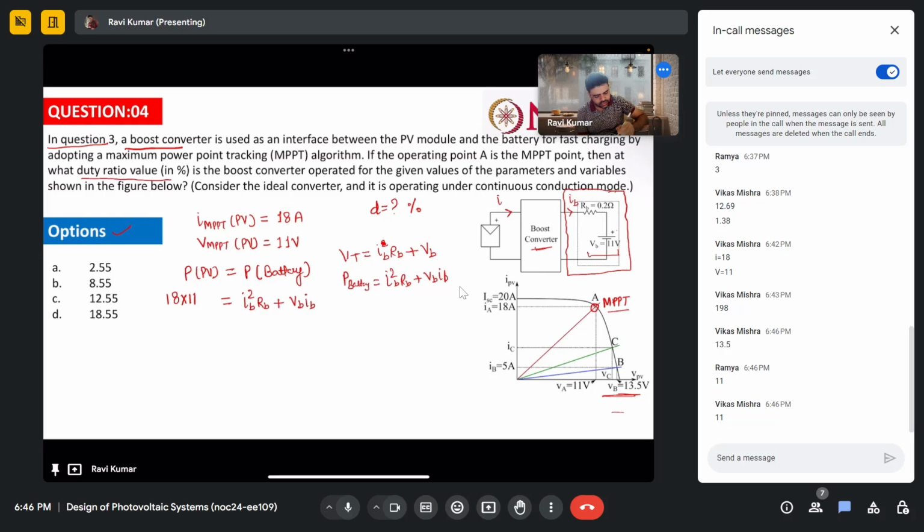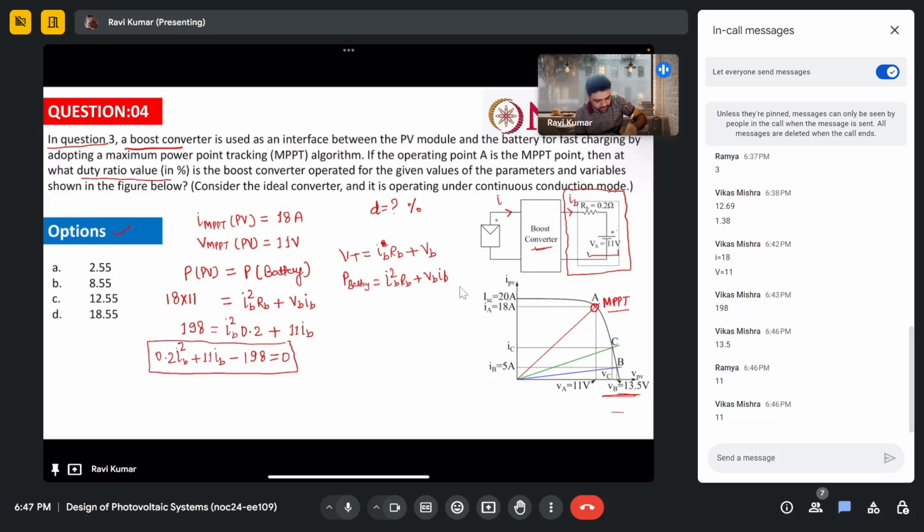So it is like this: 198 equals IB square into RB, what is the RB, 0.2, plus 11 IB. So we have IB square 0.2 plus 11 IB minus 198 equals 0.